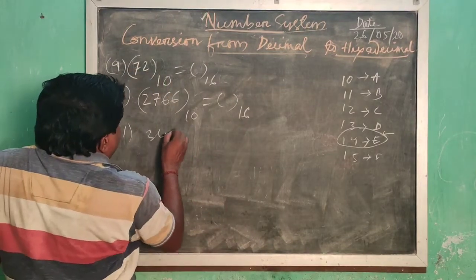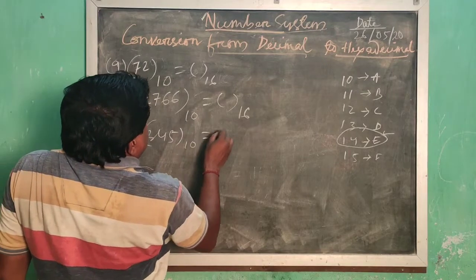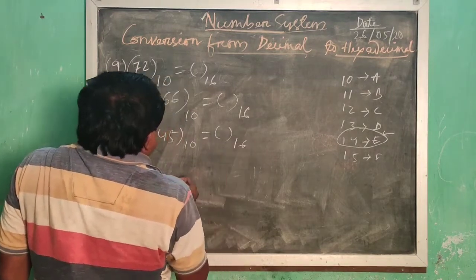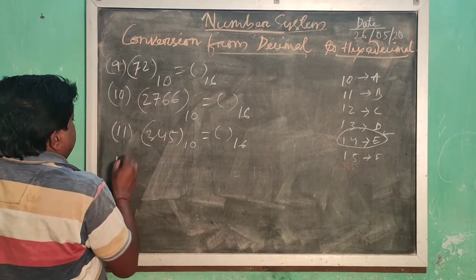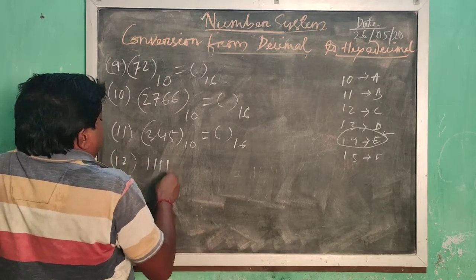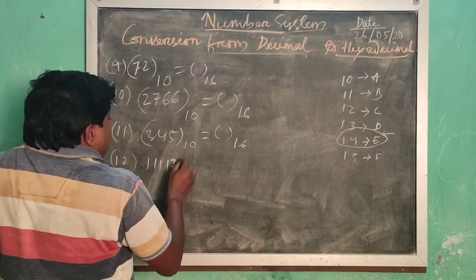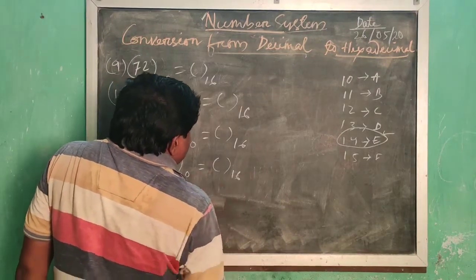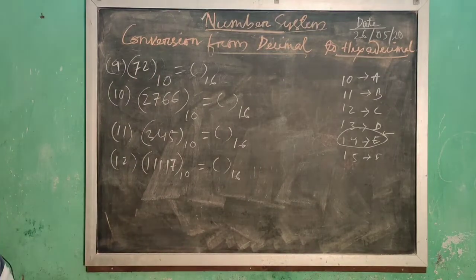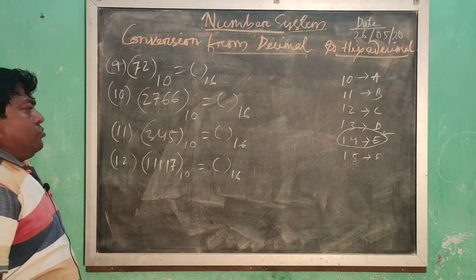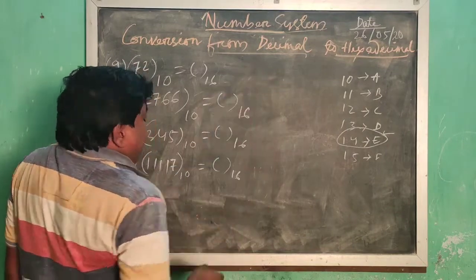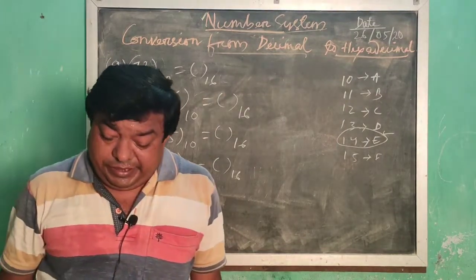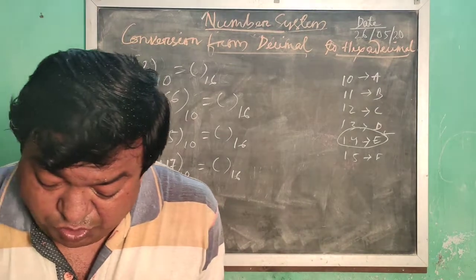Then another one, base 10, convert it into hexadecimal. Another one, 417, base 10, convert it into hexadecimal. Okay, all of you solve these questions and write the answer in the comment section. You solve all the homework I am giving. Then next we will proceed.